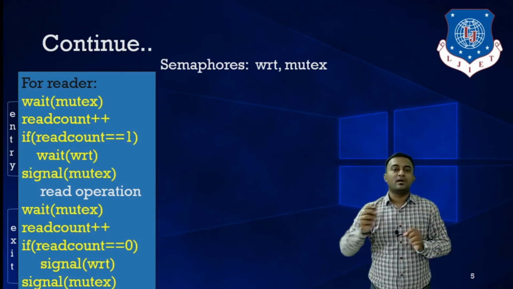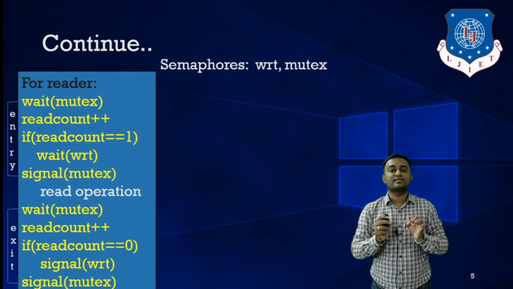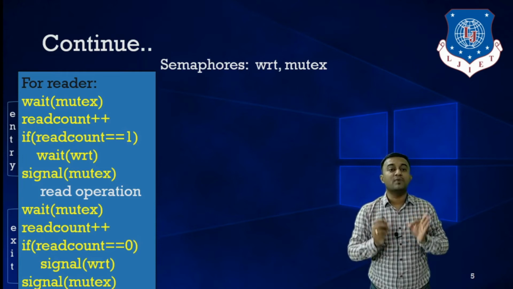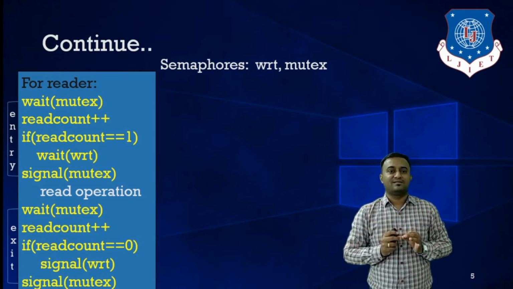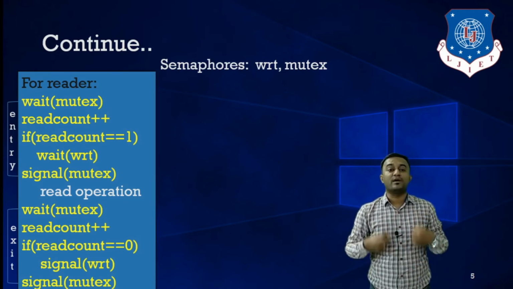WRT we have already used, so the same semaphore is used here also, but the other semaphore is mutex. Mutex is basically used for synchronization between multiple readers, because as I told you, multiple readers can simultaneously access the same document. In that case, there is no issue.